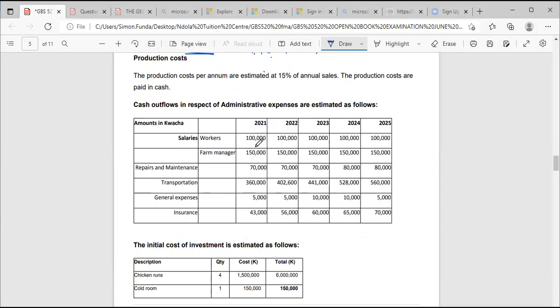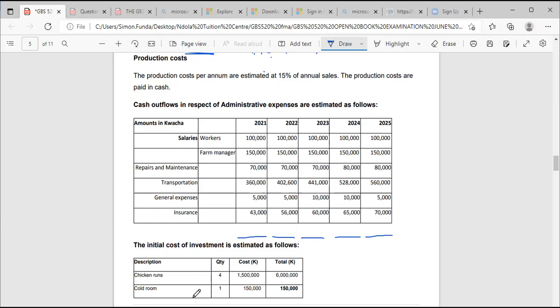For salaries, we've got the farm manager, transportation, general expenses, up to insurance. So what we are going to do, we're going to get the totals here. Then instead of itemizing each expense, we are going to have the totals just as the administrative expenses. So let's add them up.